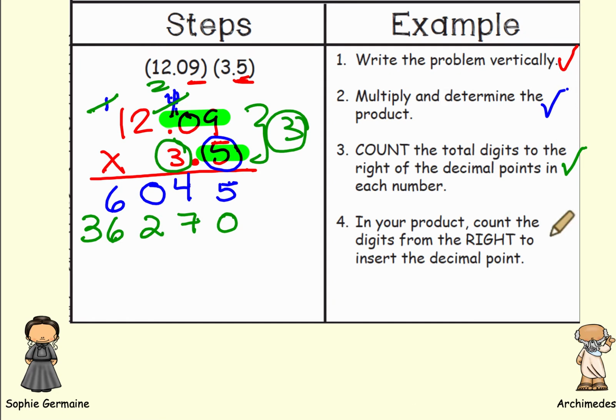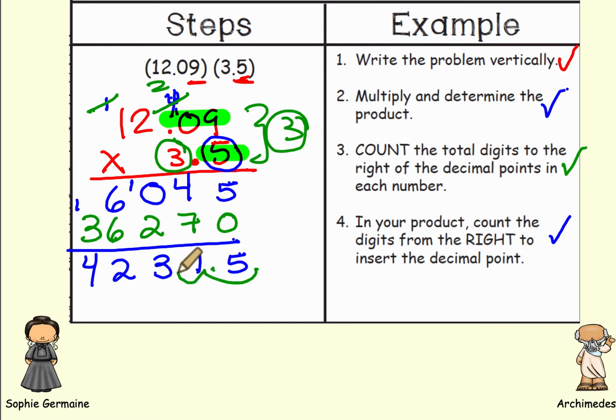Now I'm ready to go to my product. After I've added, I start from the right and count 1, 2, 3, and that's where my decimal point goes. So my product is 42 and 315 thousandths.